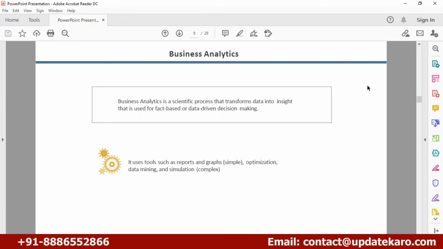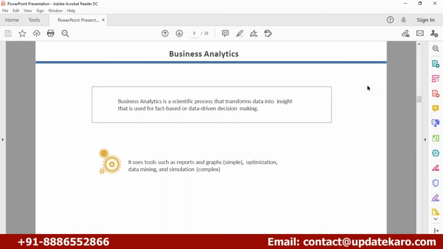It is nothing but a scientific process to transform data into insight. So we have our data, and we are transforming our data into insight so that we are taking a fact-based or a data-driven decision.